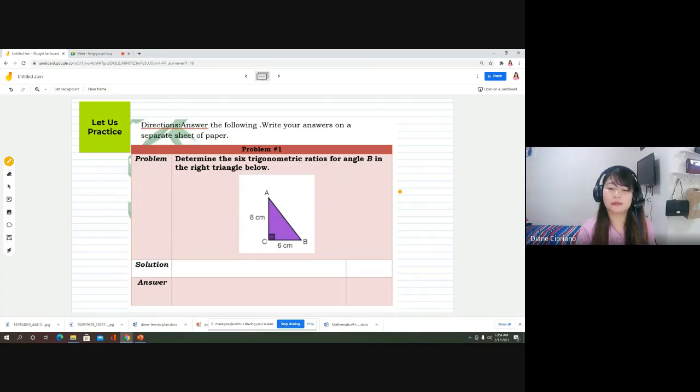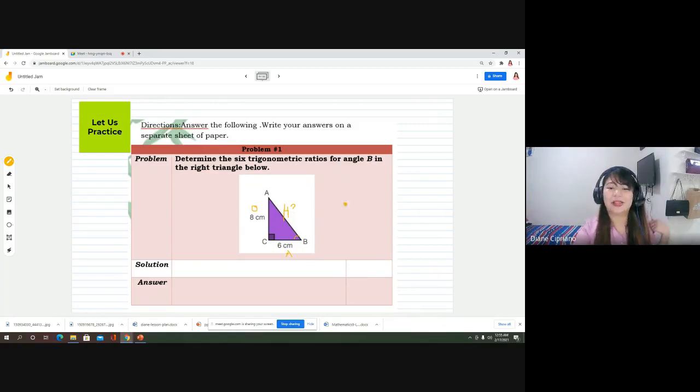In this case, the hypotenuse is missing, and we are referring to angle B. In angle B, this is the adjacent, and in this angle B, this is your opposite. I will answer problem number 1, and of course, the next problem you will answer on your own for you to be able to practice if you got our lesson.